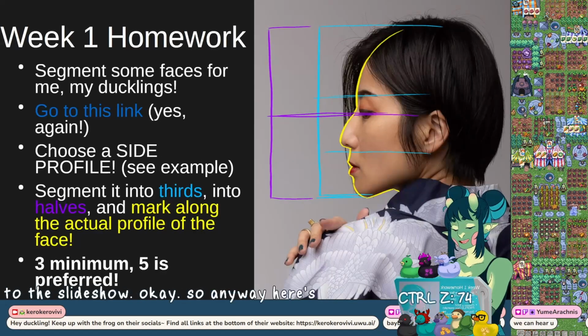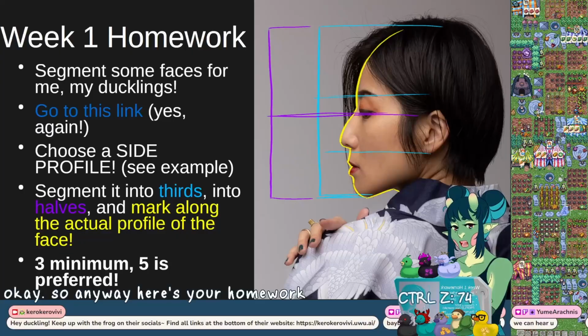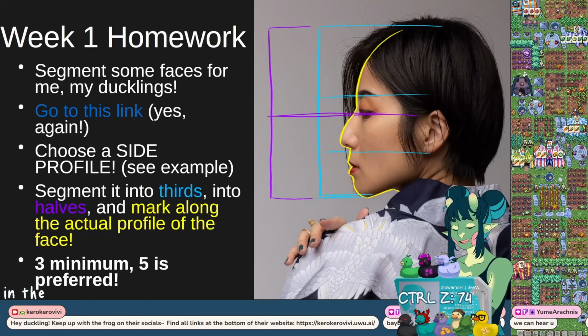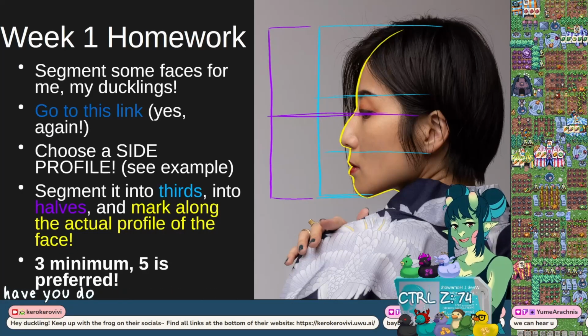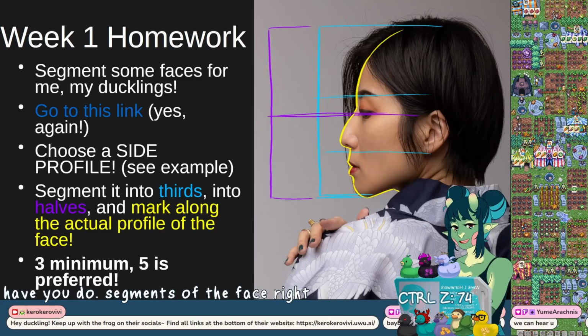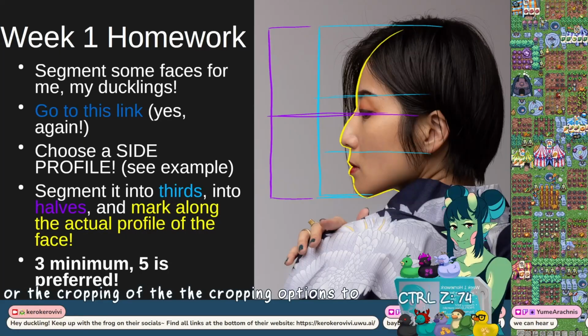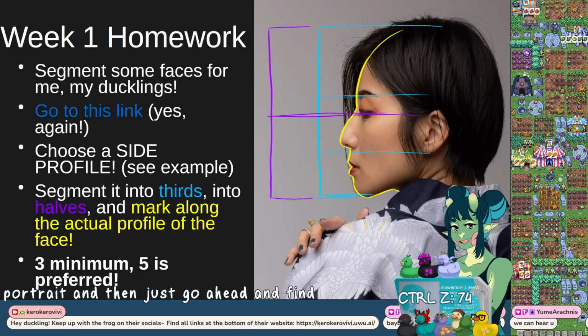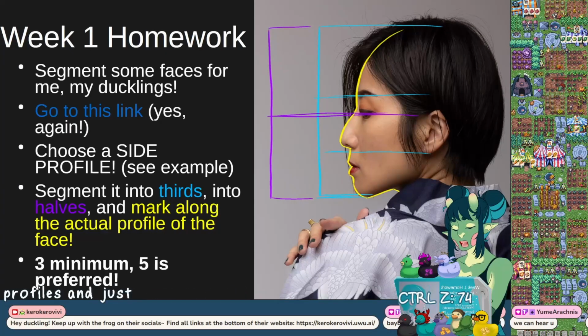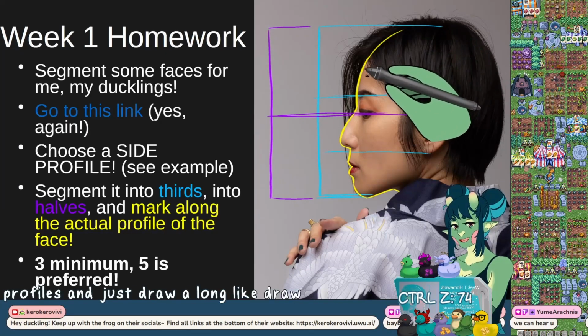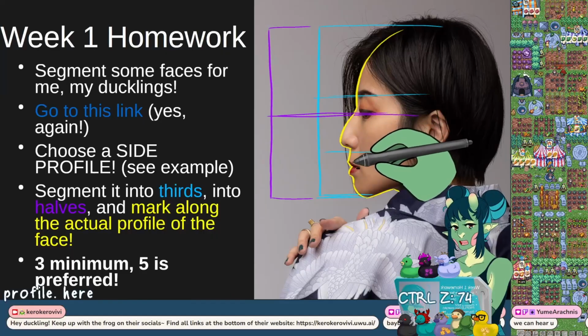So anyway, here's your homework. To really nail in the profile stuff, I'm going to have you do segments of the face, right? So I would like you to segment the face. Same place, go to PureRef, change the cropping options to portrait, and then find some side profiles and draw along this profile here to mark out the profile.